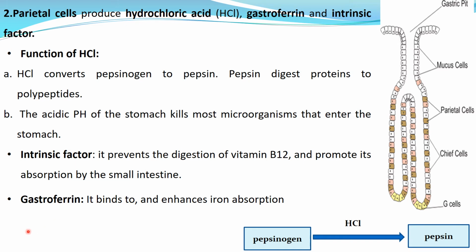So the second molecule, which is created by the parietal cells, is gastroferrin. Gastroferrin binds to iron and enhances its absorption.